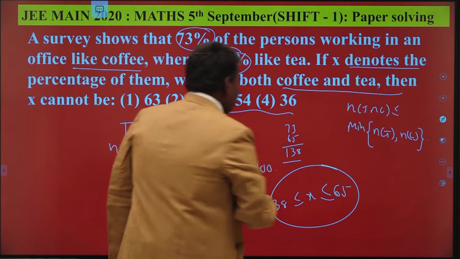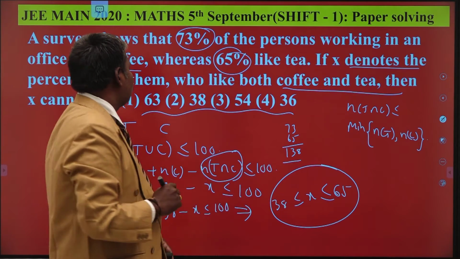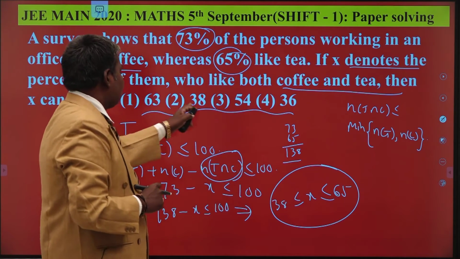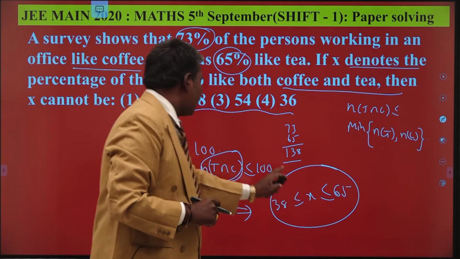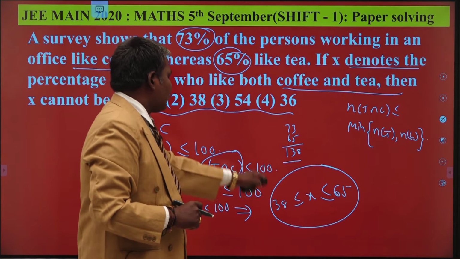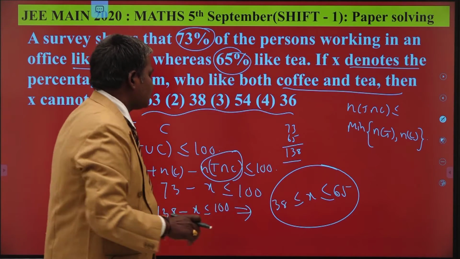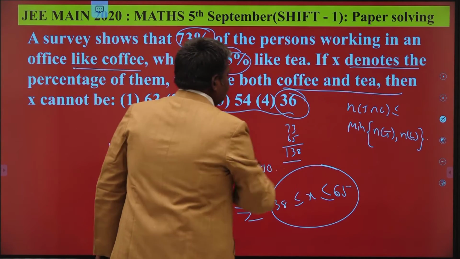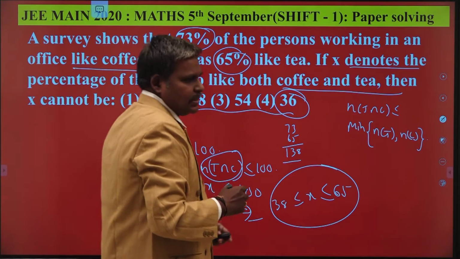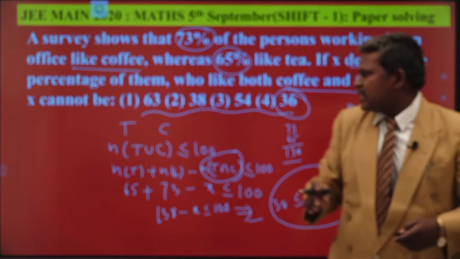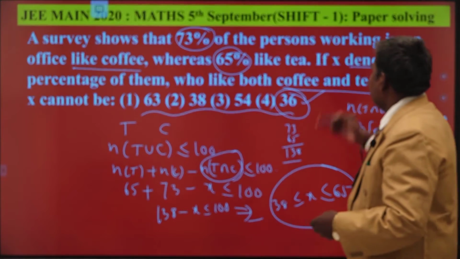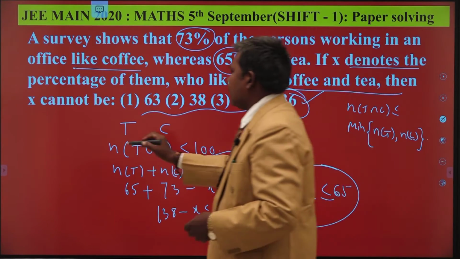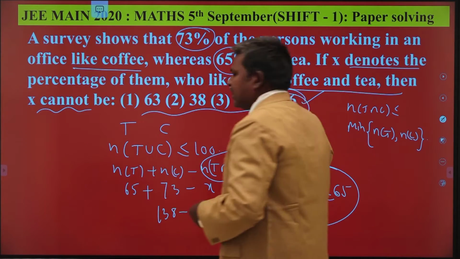So the range of x is 38 to 65. 63 is in between them, correct. 38 is also in the interval, 54 is also in this interval. 36 does not belong to this interval. So it is not possible for n of T intersection C to take 36. So the correct option is the fourth option. The value x cannot take is 36.